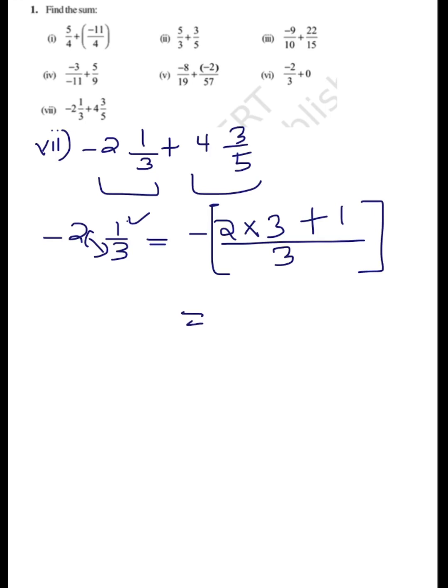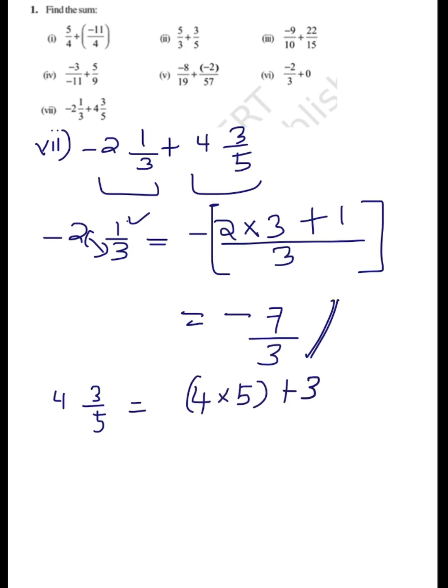Okay, now what is 2 into 3? 6. 6 plus 1, 7. 7 by 3, and you have to put the minus sign. So minus 7 by 3. This will be the first number. Now what about 4 3 by 5? 4 3 by 5 means 4 into 5 plus 3, divided by the same denominator, 5. Okay, now what is 4 into 5?